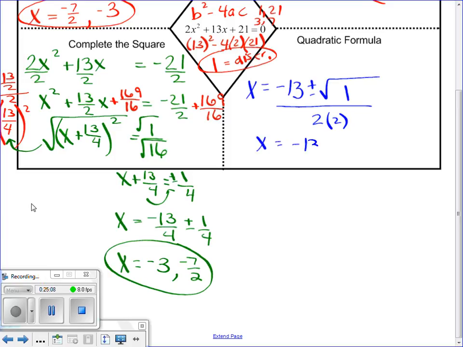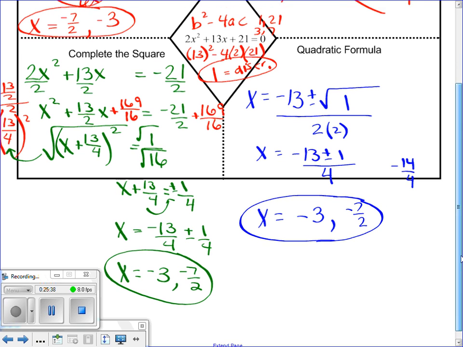So negative 13 plus or minus square root of 1 is 1 all over 4. Can I divide all three numbers? Nope, not a chance. All right. So what's negative 13 plus 1 divided by 4? Negative 3. Negative 13 minus 1 is negative 14 over 4. Doesn't divide nice, but it would give me negative 7 over 2.